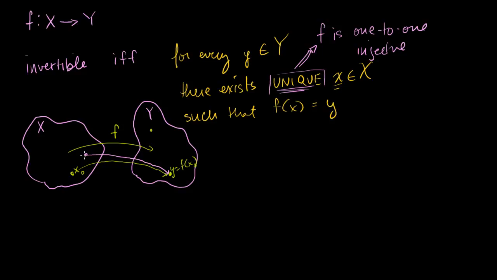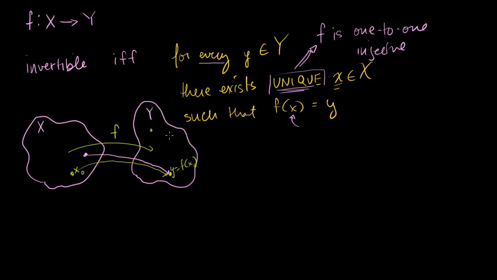If we have two guys mapping to the same y, that would break this condition. We wouldn't be 1-to-1, and we couldn't say that there exists a unique x solution to this equation. Now, the other part is that for every y, you could pick any y here, and there exists a unique x that maps to that.